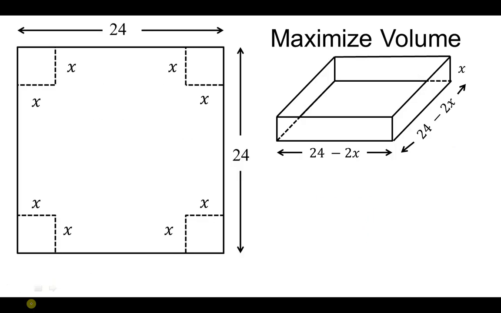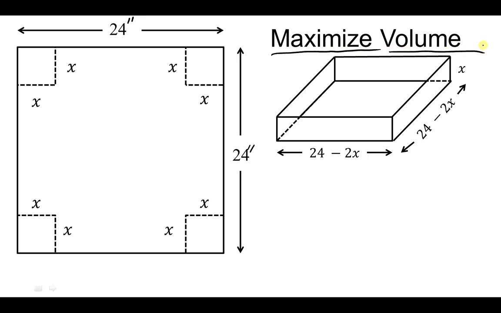In the first example here, we have a piece of metal that's 24 inches by 24 inches, and we want to use it to form a box for shipping that we'd like to have maximum volume.